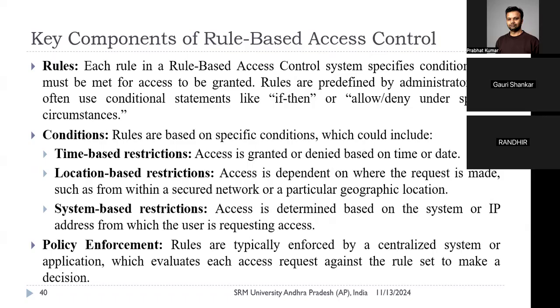Some policy you have to enforce, some rules you have to design, on different conditions: time-based, location-based, system-based restrictions. System-based restriction means IP addresses and all. All these things you can handle with rule-based access control permission.